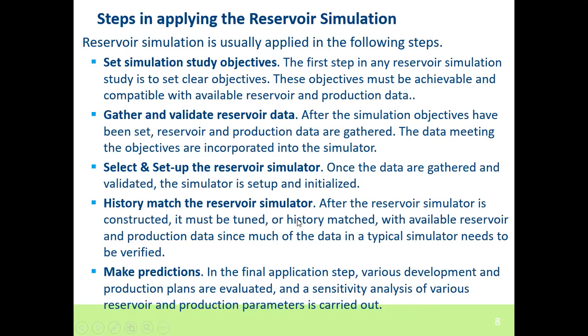And these are some of the things which I've highlighted. The one major step that is missing from Figure 1 is the history match of the simulation data to actual data.